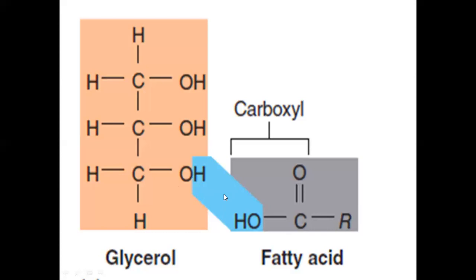When it is the second reaction, which means that the second fat acid has been joined to the glycerol, this is going to be a diglyceride. And then when the third fat acid has now joined with the glycerol molecule, it becomes a triglyceride.